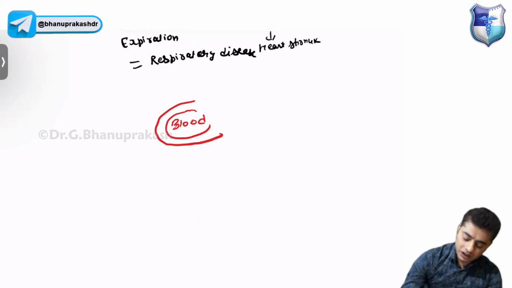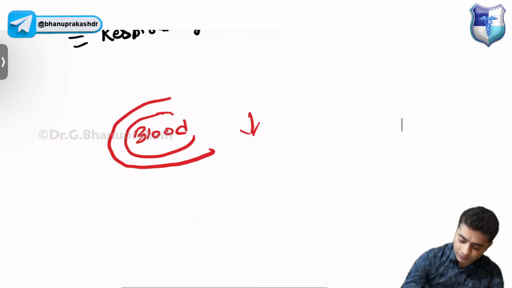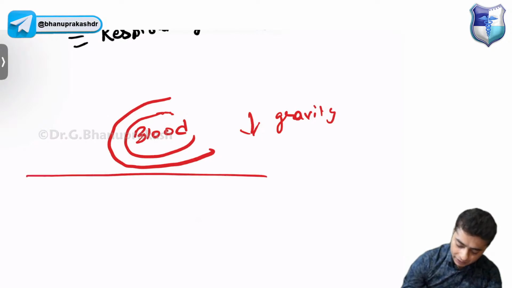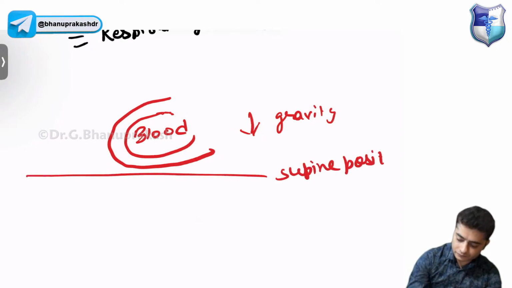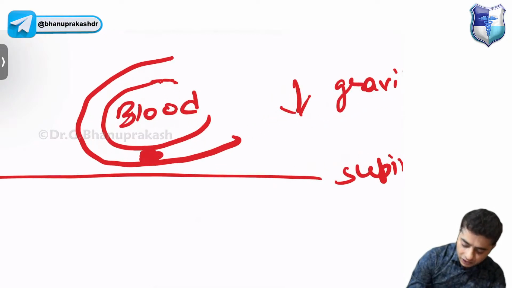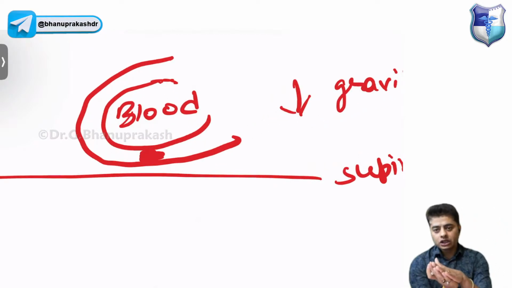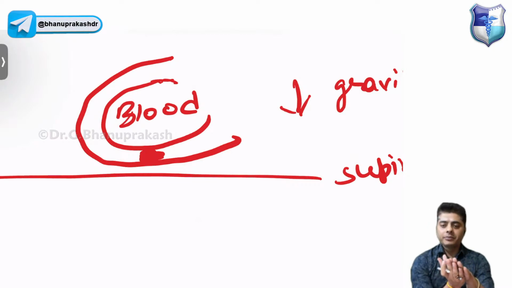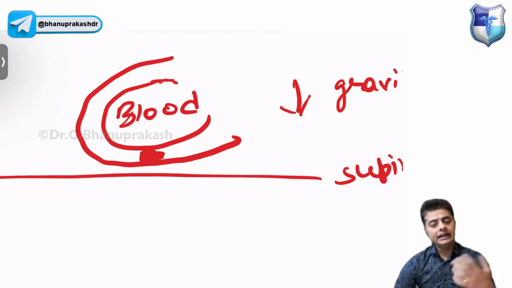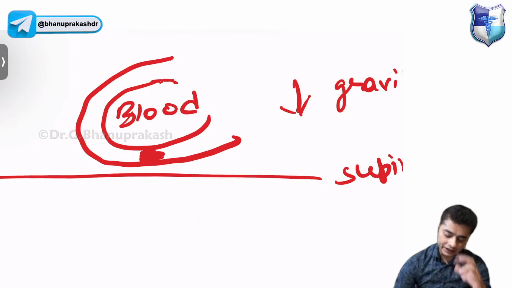This blood will exert some gravity on this heart. And due to this gravity on the heart, when you are in supine position, the pericardial layers will come in close proximity. And if they come in close proximity, they will again rub with each other. So in supine position, the pain of pericarditis increases. And in leaning forward, it decreases.